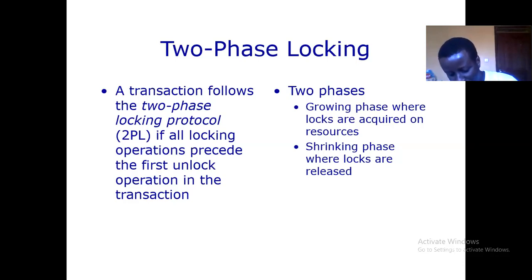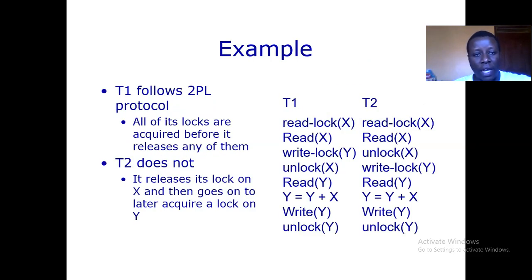Now, one thing we have to ensure: T1 follows the 2PL protocol. In this transaction, all its locks are acquired before it releases any of them. So we have read lock X, read item, then write lock, then unlock, then read Y.